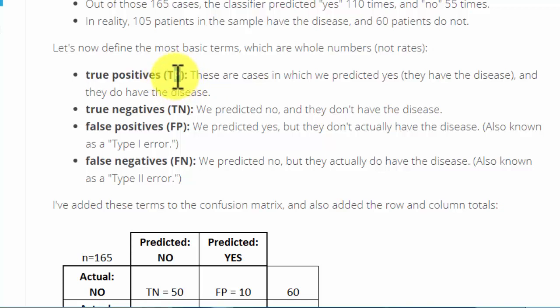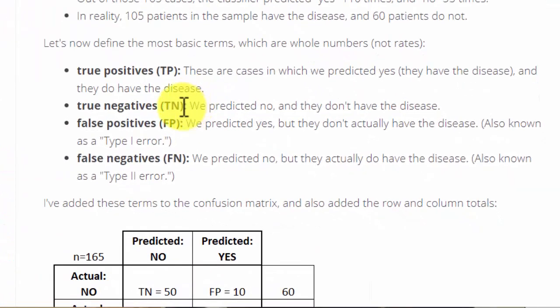So if you predicted they have a disease, do they actually have a disease? Yes, they do have a disease. So in that case, that's a true positive. On the other hand, if you predict that they don't have the disease, this is a negative. They don't have the disease, and you're correct. True, that's correct. Then that's a true negative. So you correctly said that they do not have a disease. So you predicted no disease, and true, that's correct. They don't have the disease.